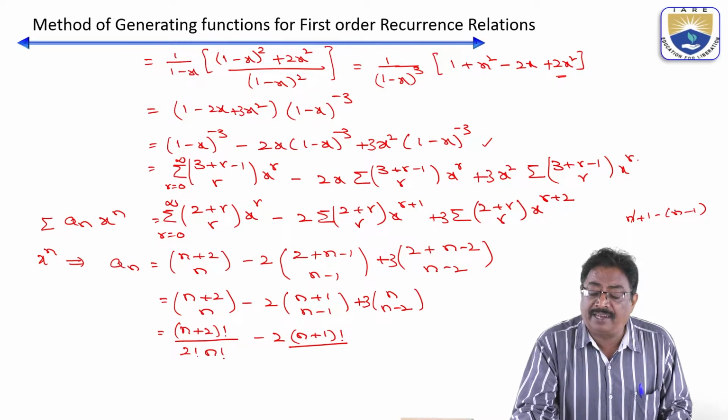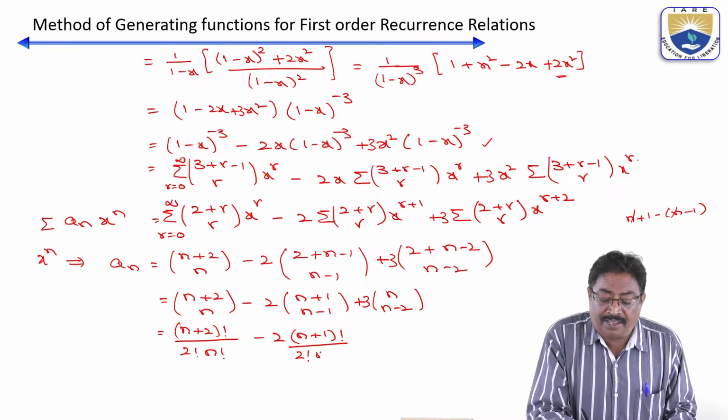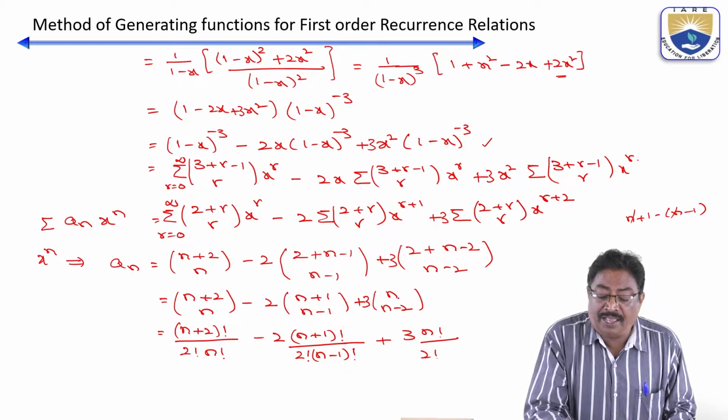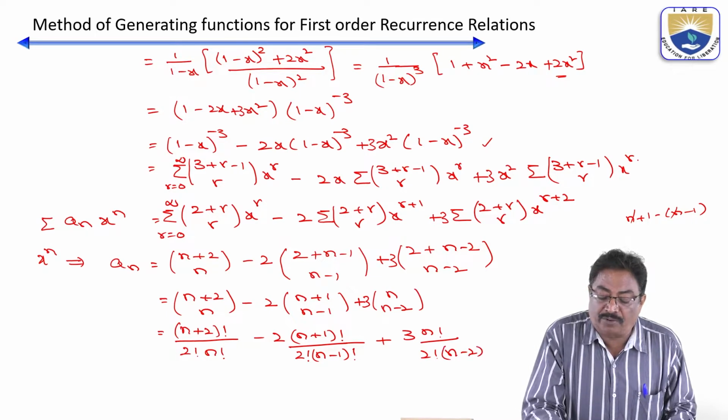So the n gets cancelled. So I am going to get 2 factorial and n minus 1 factorial, then plus 3, then it is n factorial and 2 factorial, n minus 2, and next n minus 2 factorial.